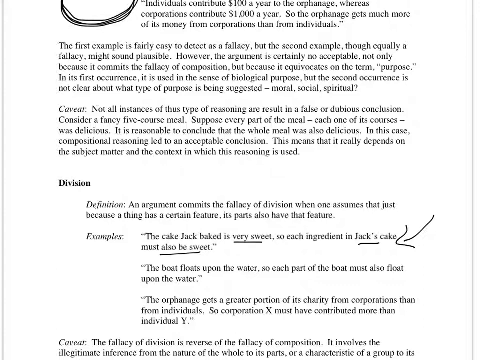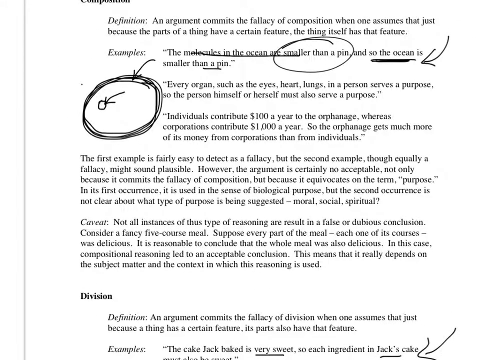So here's what's going on. With the fallacy of division, what you're saying is that what applies to the whole also applies to each of the parts. Excuse my handwriting. It's really hard, actually, to write well with one of these iPad styluses, so I'm going to try my best.